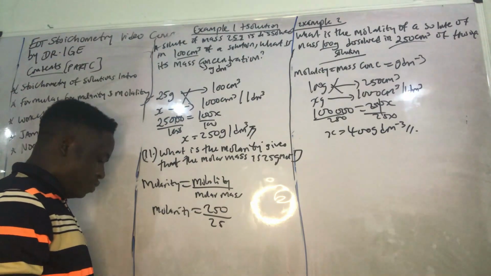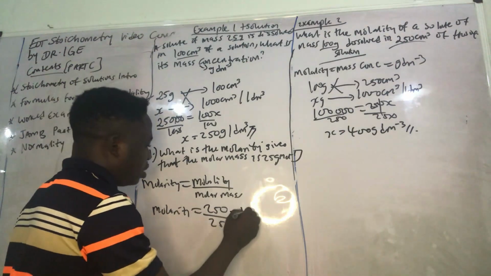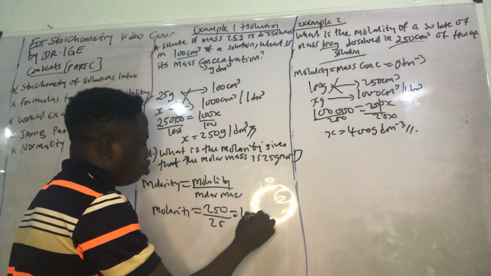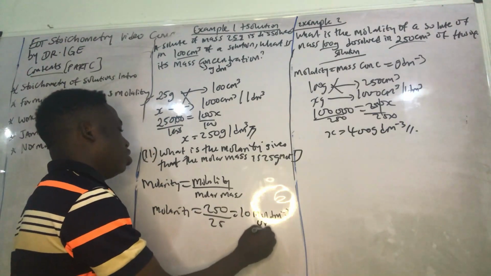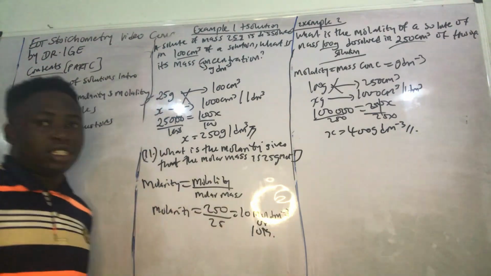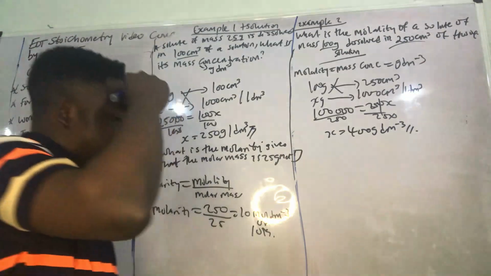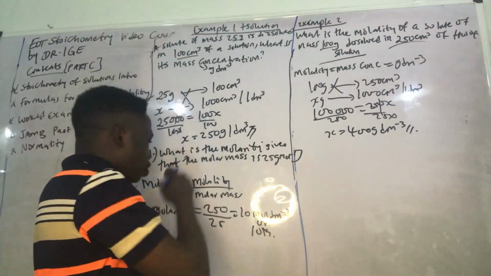We have 250 divided by 25, which is 10 mole per dm3. Use a calculator. So you see now, these are linking. It's not hard at all. Just know the formulas.